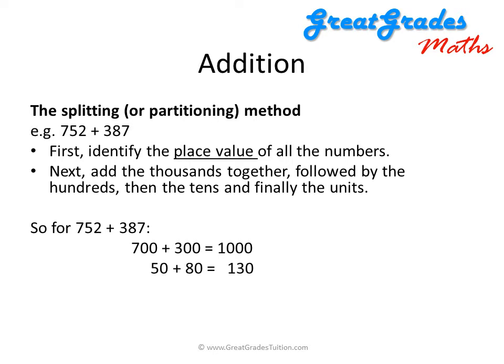There are 5 tens giving us 50 in the first number, and 8 tens in the second number giving us 80. So 80 plus 50 gives us 130. Next we look at the units. In the first number there are 2 units, and the second number 7. So 2 plus 7 gives us 9. Now we add up all of these numbers, 1,000, 130 and 9, and that's quite easy to do, and that gives us 1,139.